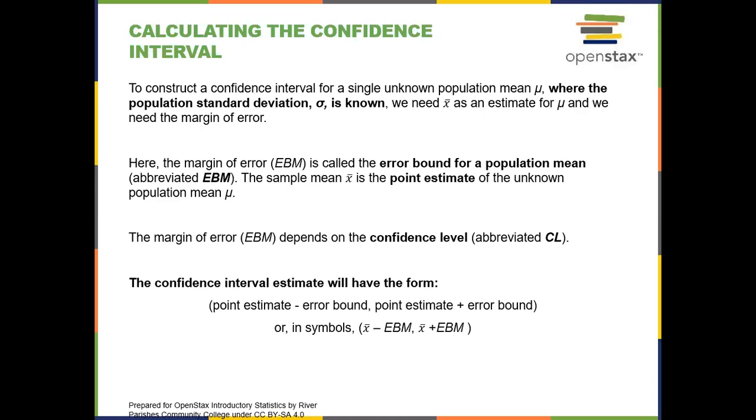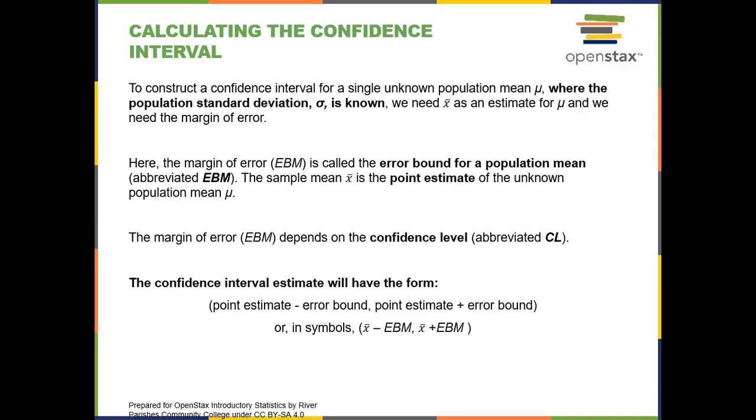To construct a confidence interval for a single unknown population mean mu, where the population standard deviation sigma is known, we need X bar as an estimate for mu, and we need the margin of error, or error bound for a population mean.